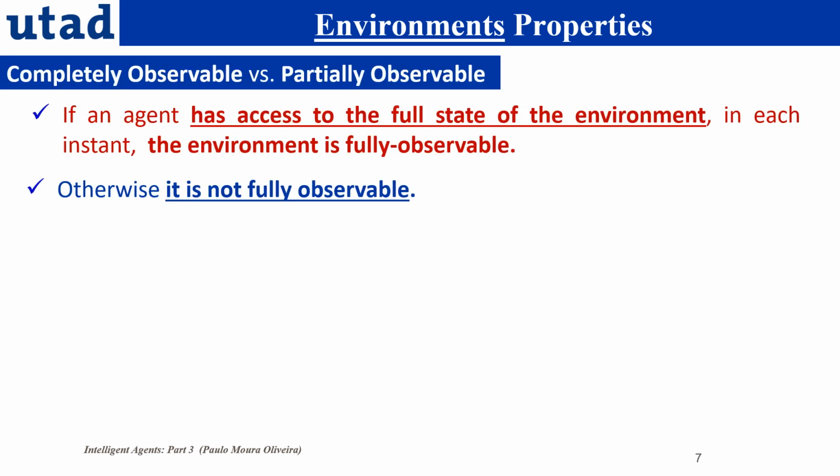The environment is completely observable if the agent has access to the full state of the environment at each instant. Otherwise, it is not fully observable.